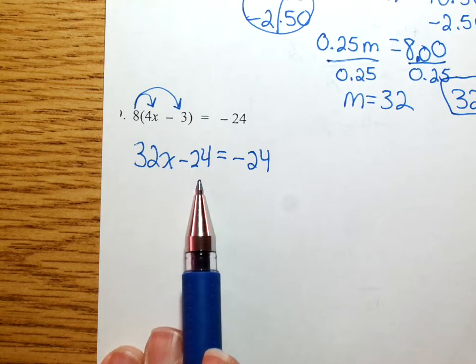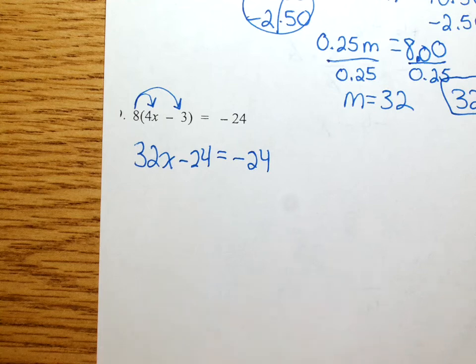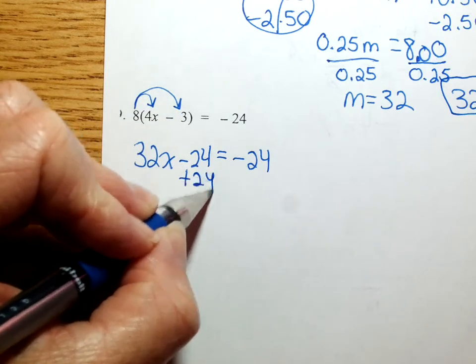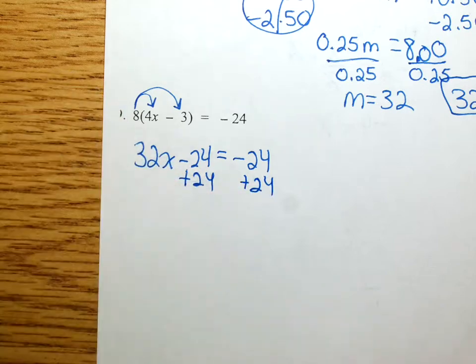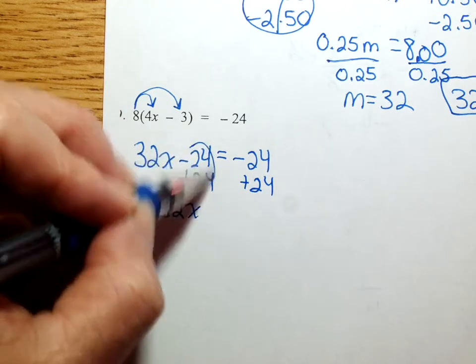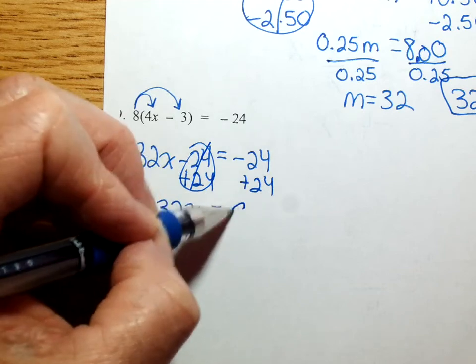So I'm going to go ahead and get rid of, look at how that's set up like that. Uh-oh. Let's work it anyways. We're going to add 24 to both sides, which gets us 32x is equal to 0.